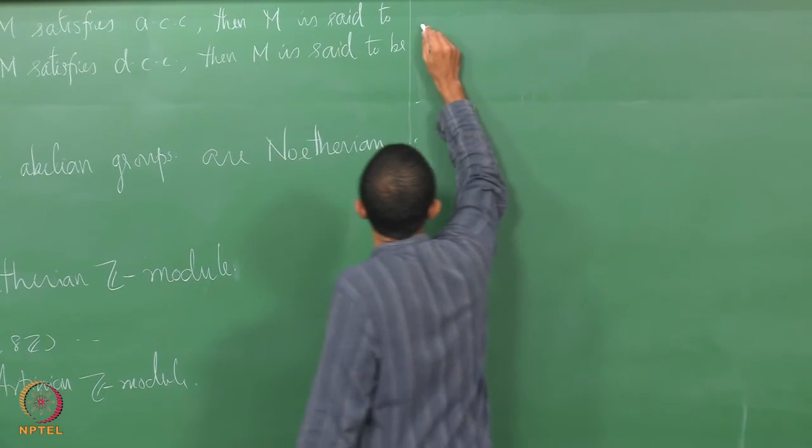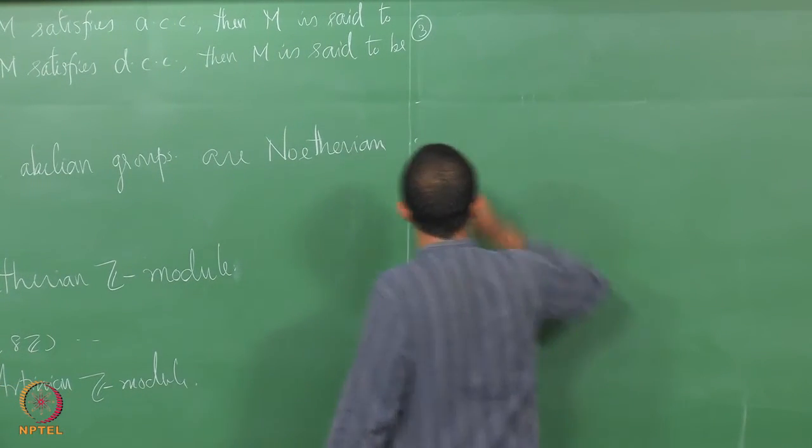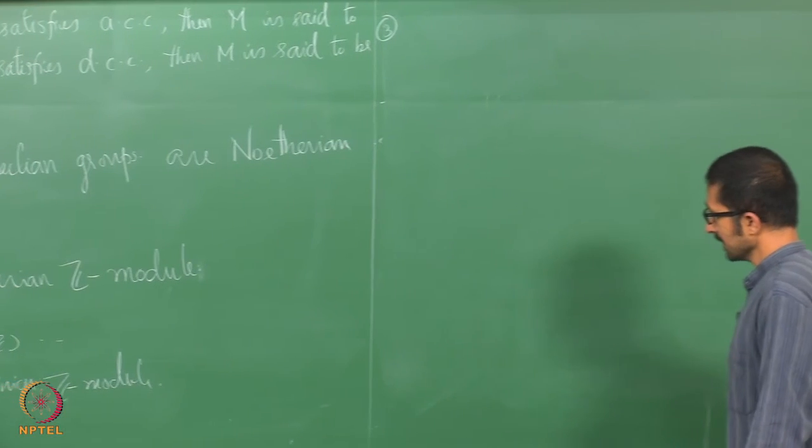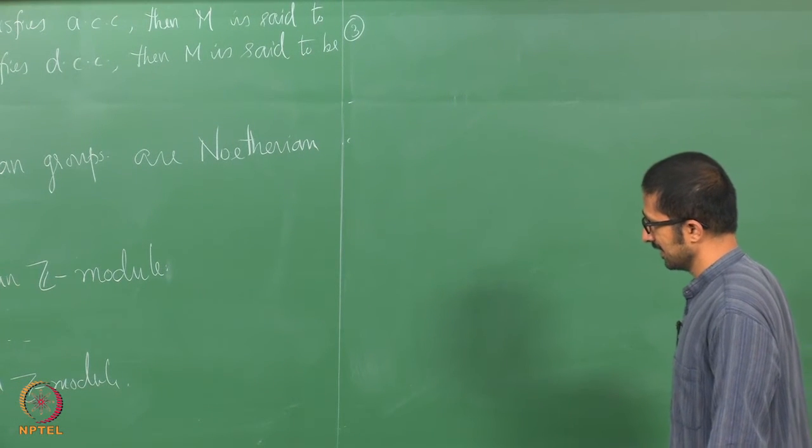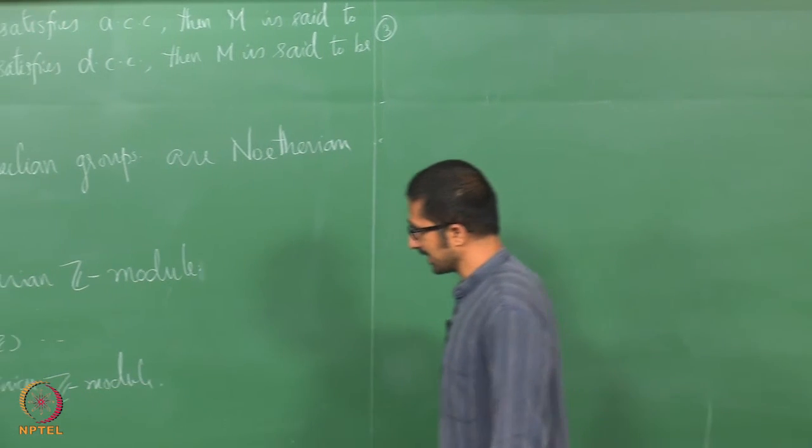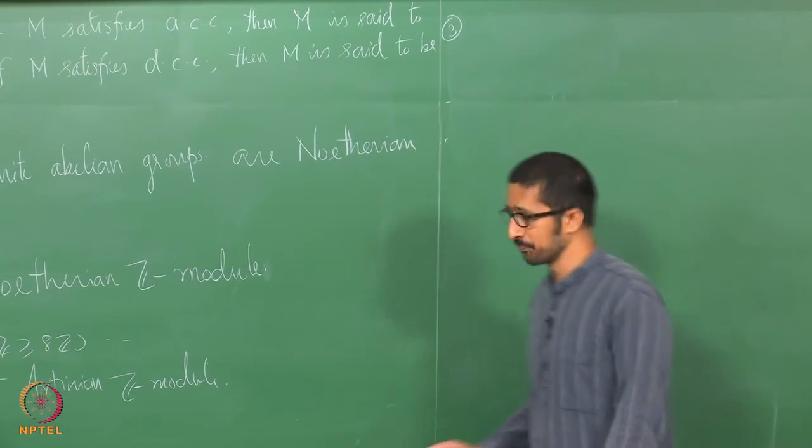Now, let us look at an example which is Artinian but not Noetherian. Okay.